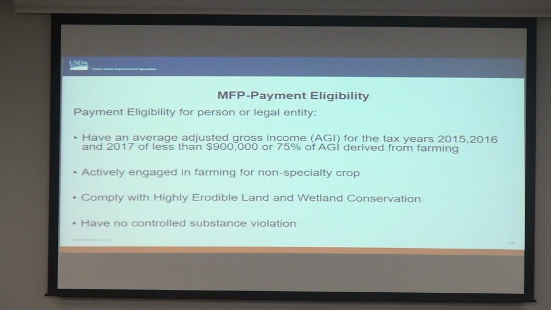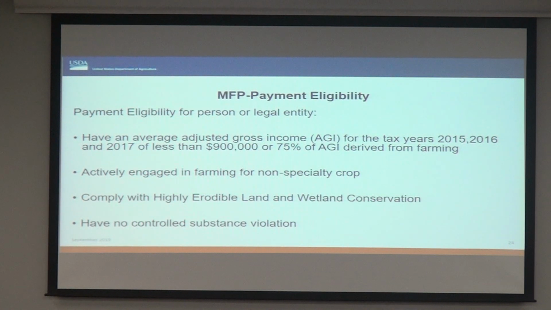And eligibility, it does have what we call AGI provisions, adjusted gross income provisions. It's going to look at your average adjusted gross income for the tax years of 15, 16, and 17. If it exceeds $900,000, then you're not eligible for a payment, unless 75% of that AGI comes from farming. Then you would be eligible to receive payment. And there also are, like for the non-specialty crop, actively engaged provisions.